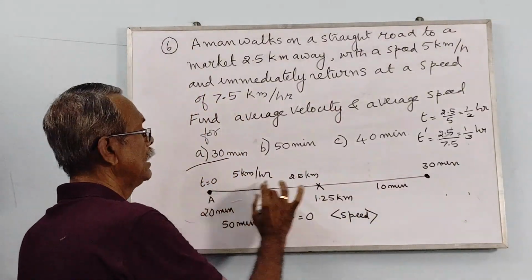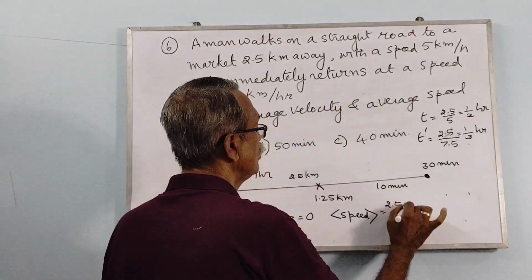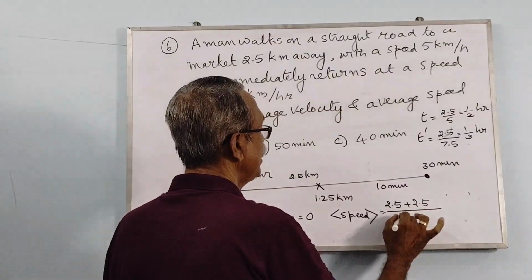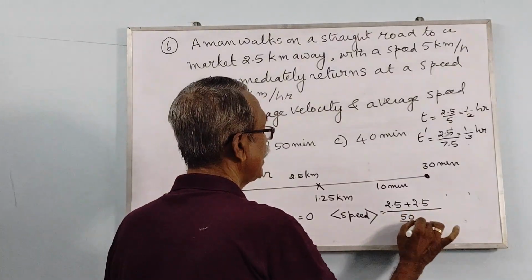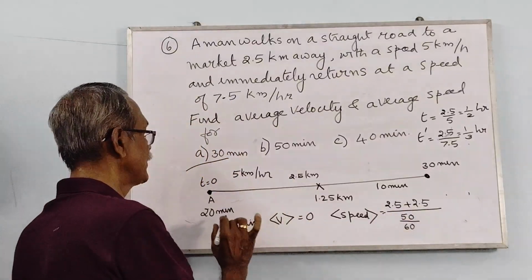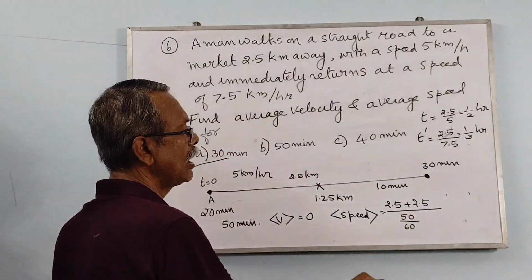the total distance is 2.5 plus 2.5. Time taken will be 50 minutes, total 50 minutes, that is 50 divided by 60 hour.